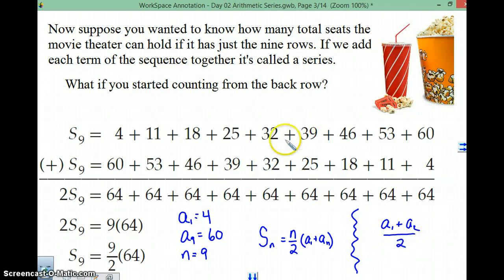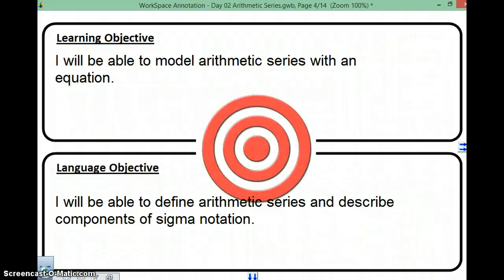And if you take that average and you multiply it by the number of terms you have, that becomes your series, S sub n. Can you see that these two equations are equivalent? It's just two ways of thinking of the same thing. You have n over 2 times a sub 1 plus a sub n. Okay.